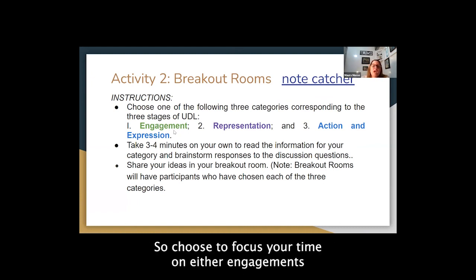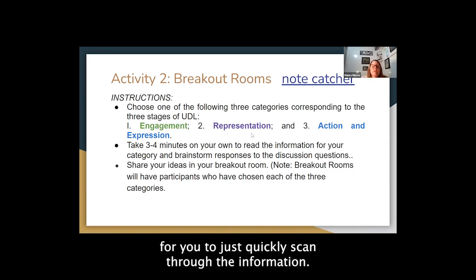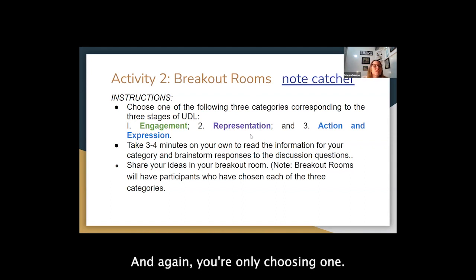So choose to focus your time on either engagement, representation, or action and expression. And then there are links within the note catcher for you to do some brief reading. It should take about 3 to 4 minutes to quickly scan through the information. And again, you're only choosing one.